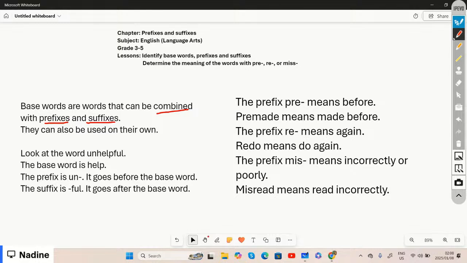And when it comes to suffixes, the suffix you write or add at the end of the base word. Remember, a base word is a word that can stand on its own, with its own meaning. But as soon as you add either the prefix or the suffix to the word, it changes the meaning of that word.